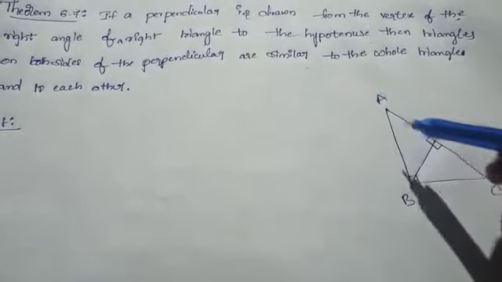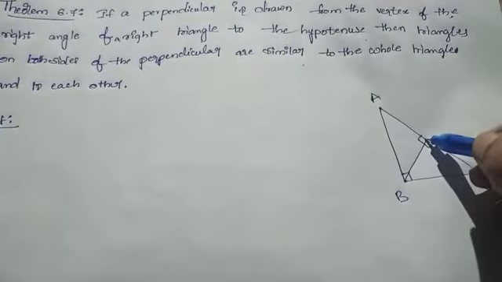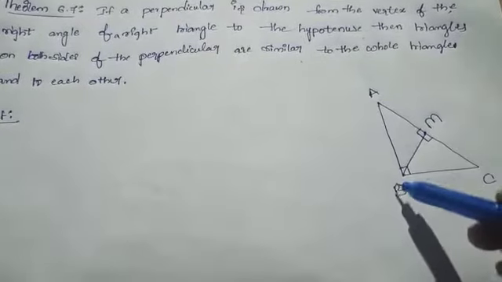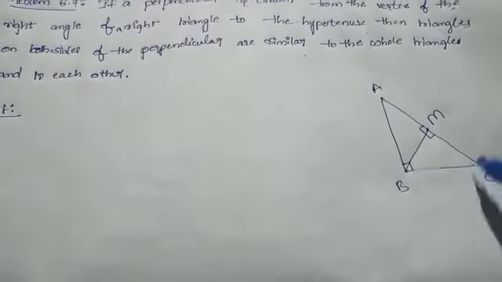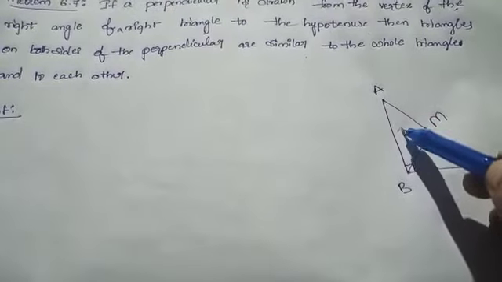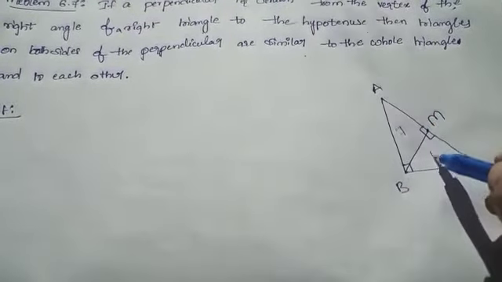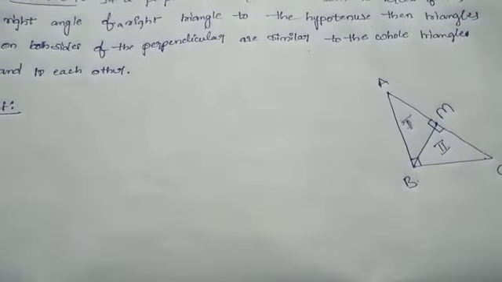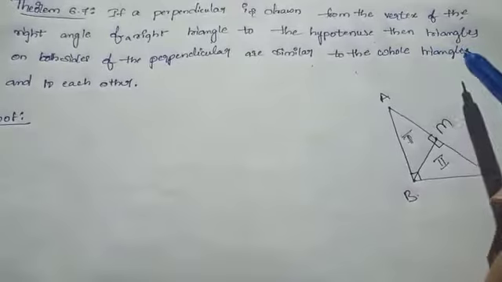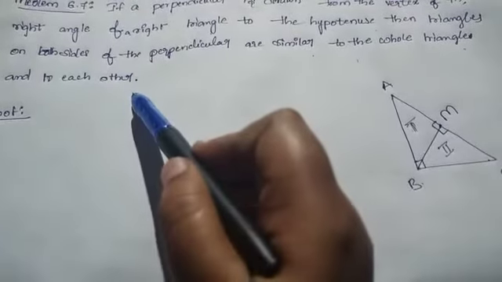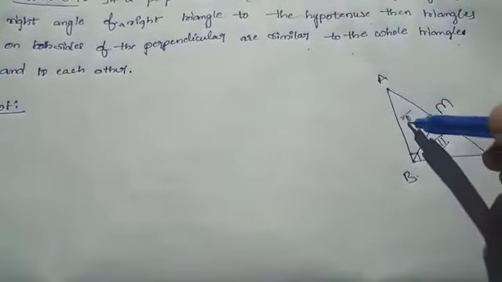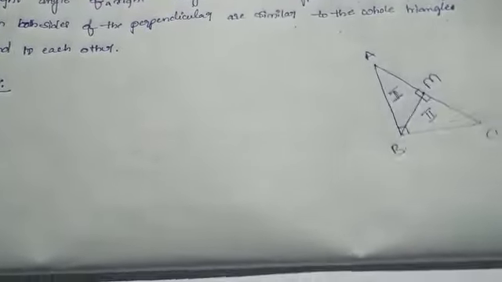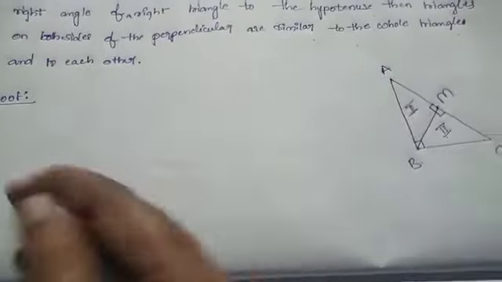It means triangle ABC, this point is M. Triangle ABC is similar to the smaller triangles AMB and MBC, to the whole triangle and to each other. Each other means triangle 1 is similar to triangle 2. Okay, smaller triangles.